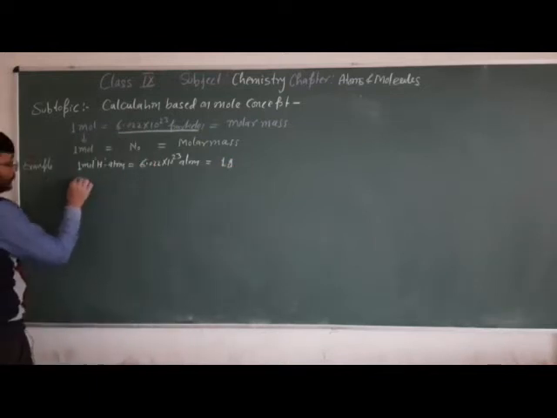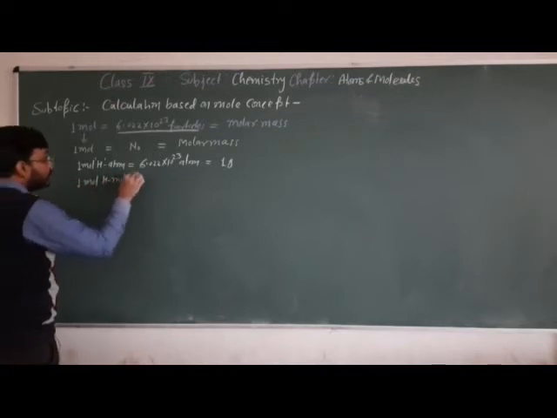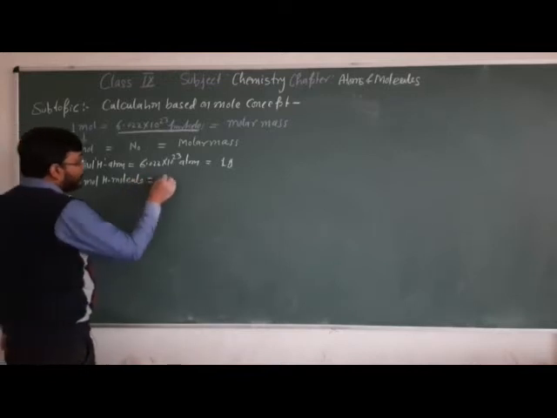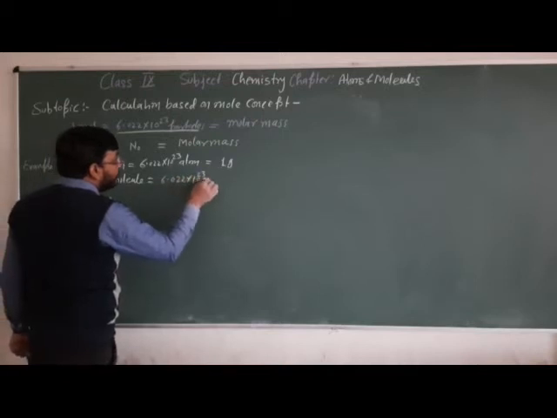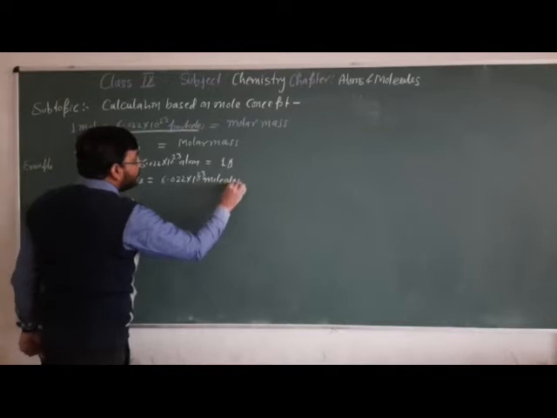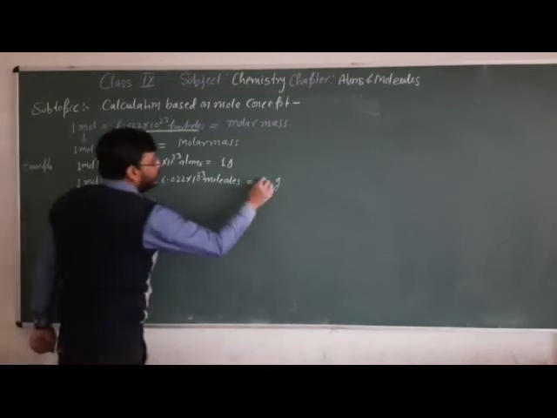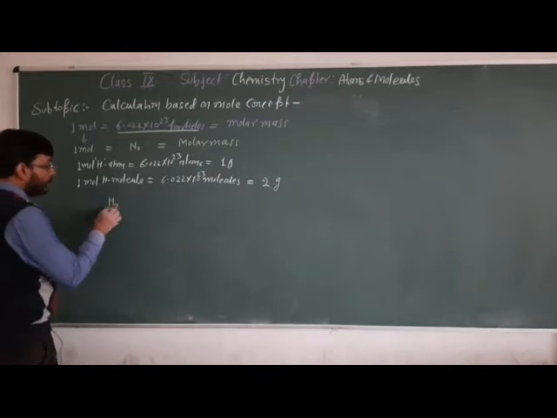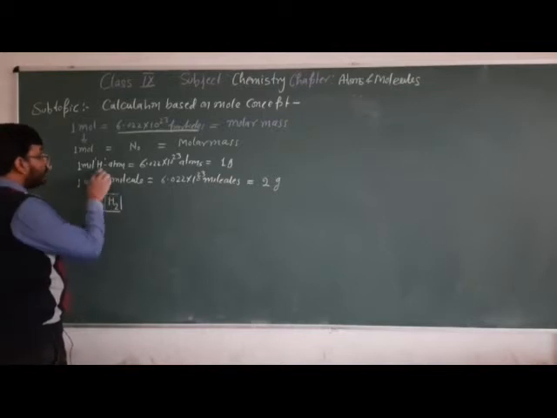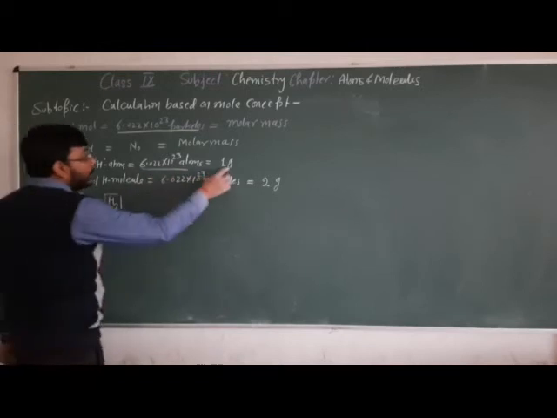In case of 1 mole of hydrogen molecule, the number will remain the same, 6.022 into 10 to the power 23 molecules, but the molar mass of the hydrogen molecule will be 2 gram. Why 2 gram? Because 1 molecule of hydrogen is formed by the combination of 2 atoms of hydrogen.